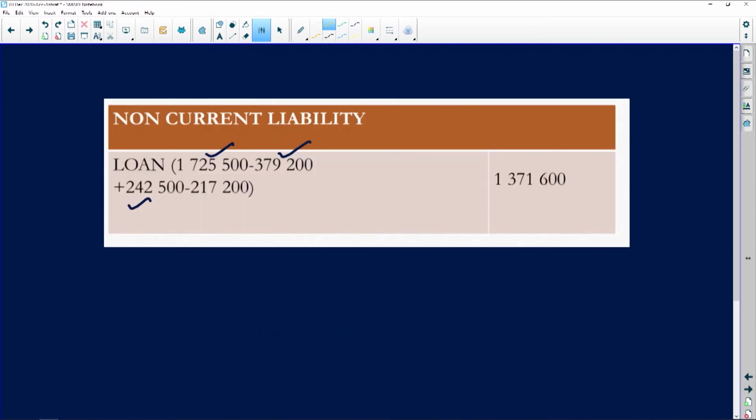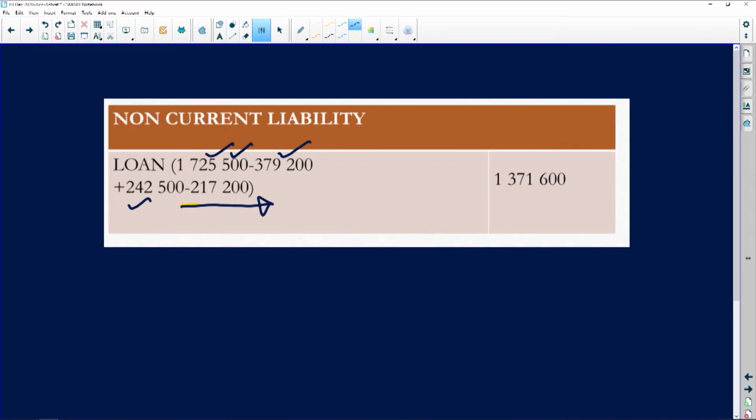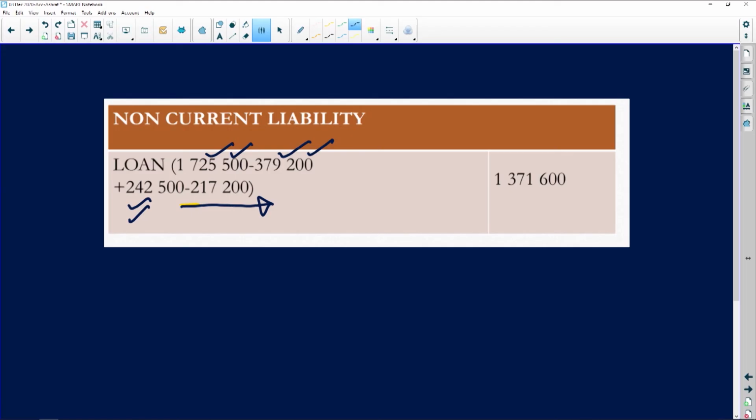Can you see there? This component that you are bringing in is your non-current liability that you're going to have to repay in the next financial year. So once again, it's your opening balance plus, minus your repayments plus the interest that's capitalized. Okay, but you are told that of the 379,200 that you've paid this year, next year you expect to pay interest of 162,000.